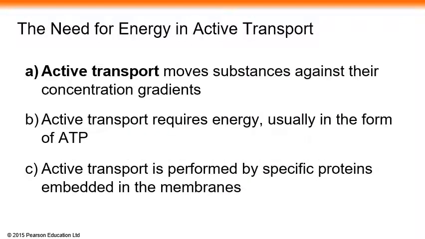Active transport moves substances against their concentration gradient. It requires energy, usually in the form of ATP. It is performed by specific proteins embedded in the membranes.